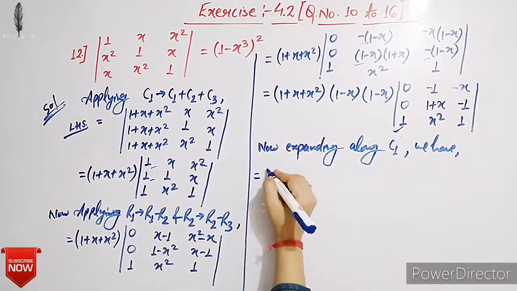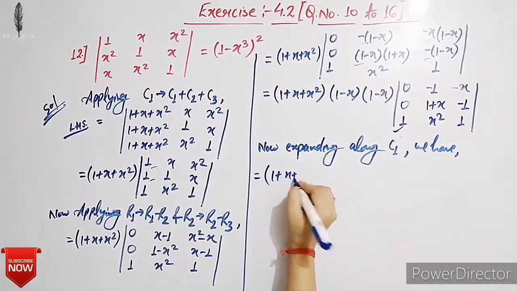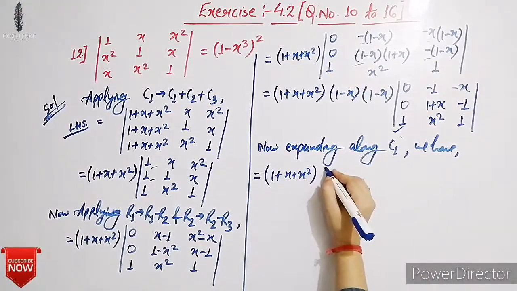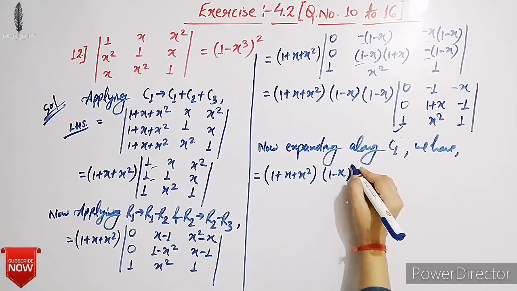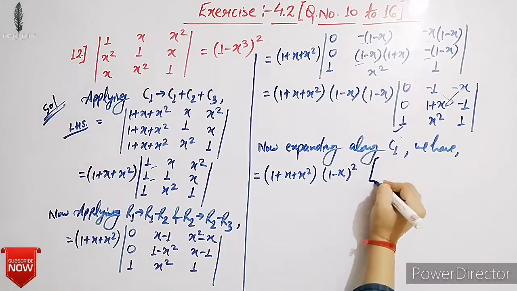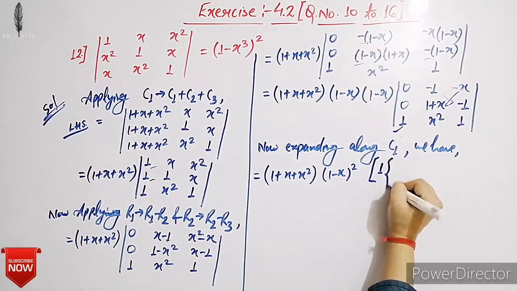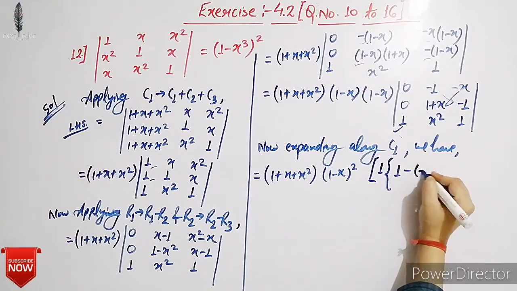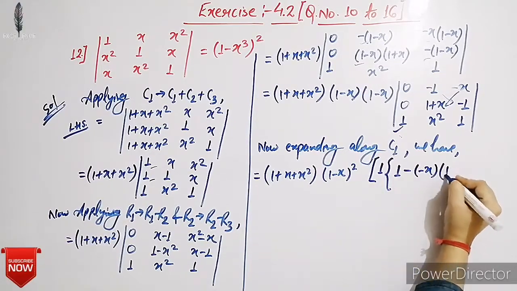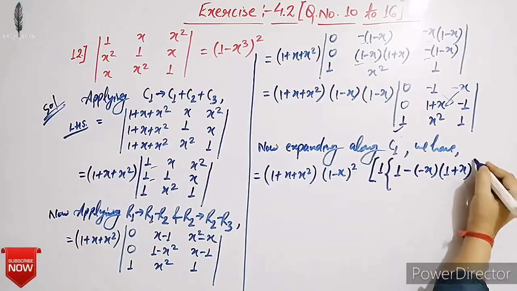it is equals to 1 plus x square into 1 minus x whole square into 1 into minus 1 into minus 1, that is 1, minus minus x into 1 plus x.